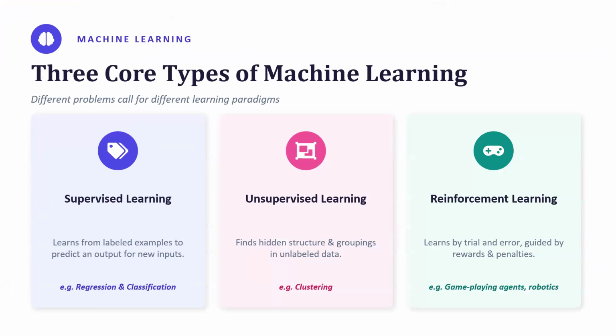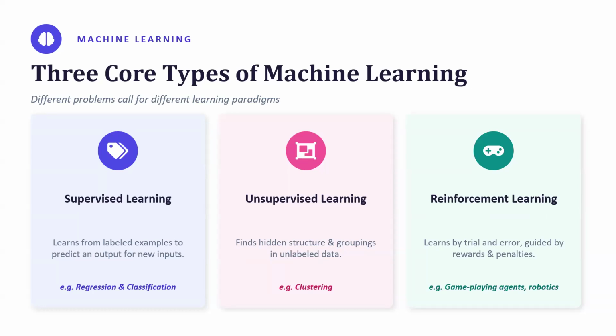We have the three core types of machine learning. Yesterday also we discussed supervised learning, unsupervised learning, and reinforcement learning. In supervised learning, it learns from labeled examples to predict the output for a new input: regression and classification. Unsupervised learning finds the hidden structure and grouping of unlabeled data.